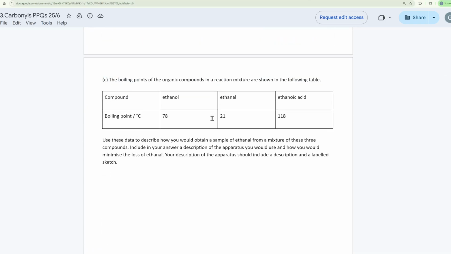C. Boiling points of the organic compounds and reaction mixture are shown in the following table. Use this data to describe how you would obtain a sample of ethanol from a mixture of these 3 compounds.